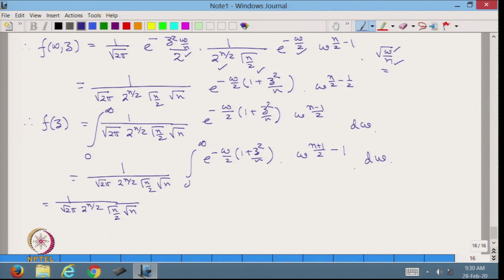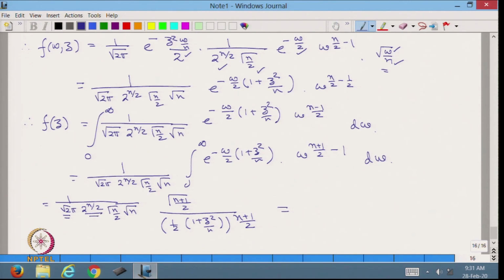Now, this is again our familiar gamma integral. Therefore, we can write it as gamma n plus 1 by 2 upon half 1 plus z square by n whole to the power n plus 1 by 2. Fairly complicated, but we can make it slightly simpler. Now here it is root 2, 2 to the power n by 2.